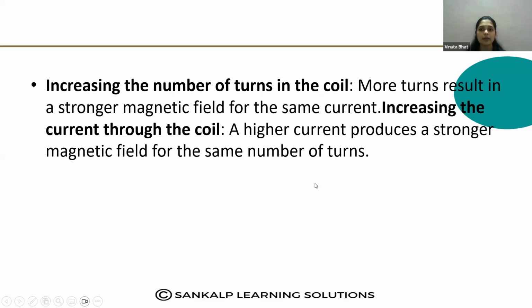The more turns, the stronger the magnetic field. Similarly, by increasing the current through the coil. A higher current produces a stronger magnetic field for the same number of turns. Okay.